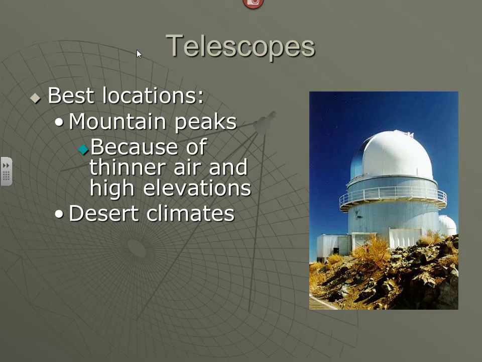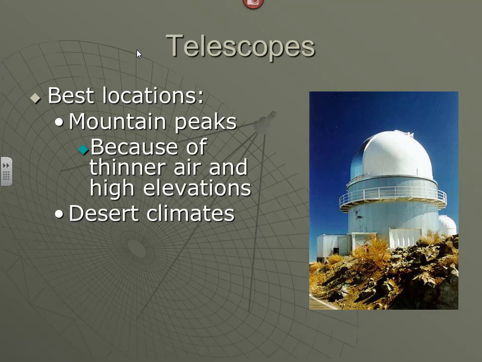Most telescopes are located in desert climates for a couple of reasons. If you're trying to look at the sky, you probably don't want to put a telescope in a rainforest because it rains all the time, cloudy skies. If you want to be able to use that telescope as many nights out of the year as possible, you try to pick a place where you don't get very many clouds.